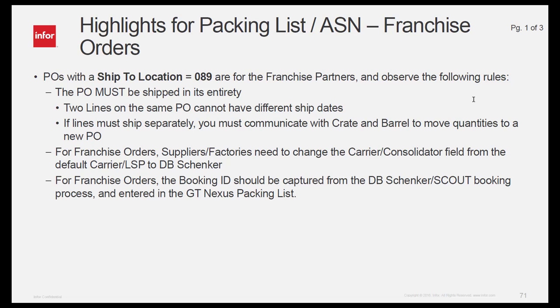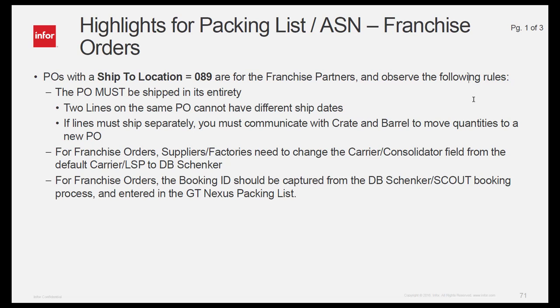POs with the ship to locations 089 are franchise partners and must observe the following rules. 1. The PO must be shipped in its entirety. 2. Lines of the same PO cannot have different shipment dates. If the lines must ship separately, you must communicate with Crate and Barrel to have the quantities moved to a new PO.